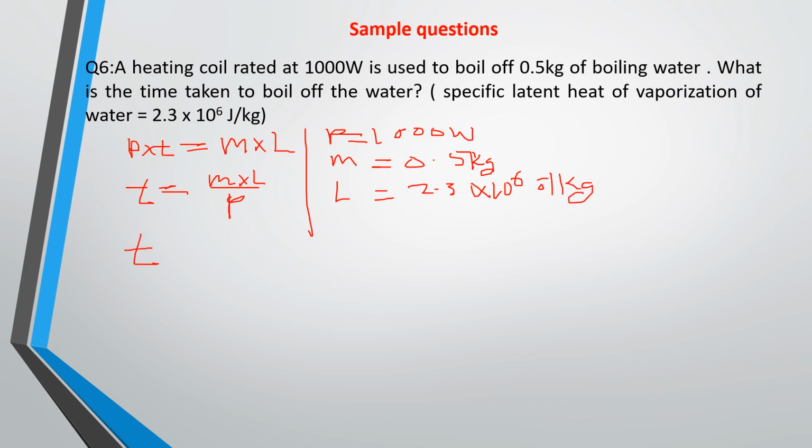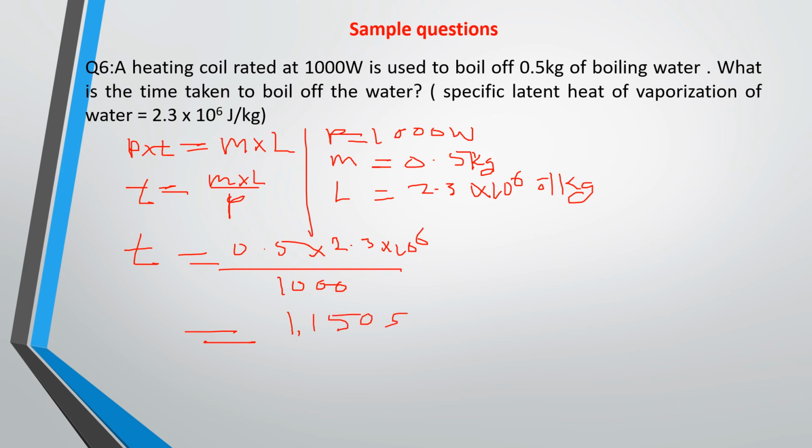We have that time will be equal to 0.5 times latent heat, which is 2.3 times 10 raised to power 6 all over power, which is 1000. Okay, so by the time you work all this out, you're going to have that your time is equal to 1150 seconds. Punch that out in your calculator. You have 1150 seconds. Is that okay? So this is how to go about most of the problems that you will come across in latent heat.